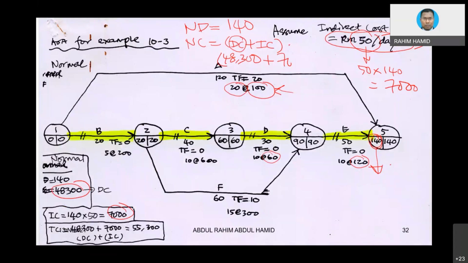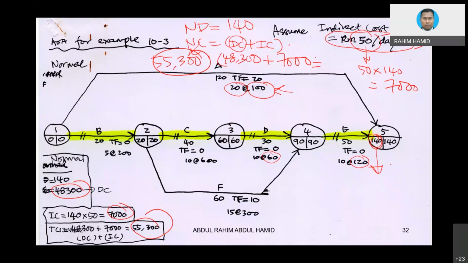When you add this value, you get 55,300. So the normal cost for this project, the overall cost, would be 55,300. That is the first original cost. Normal duration we know is 140, and the total cost, inclusive of indirect plus direct costs, would be 55,300.